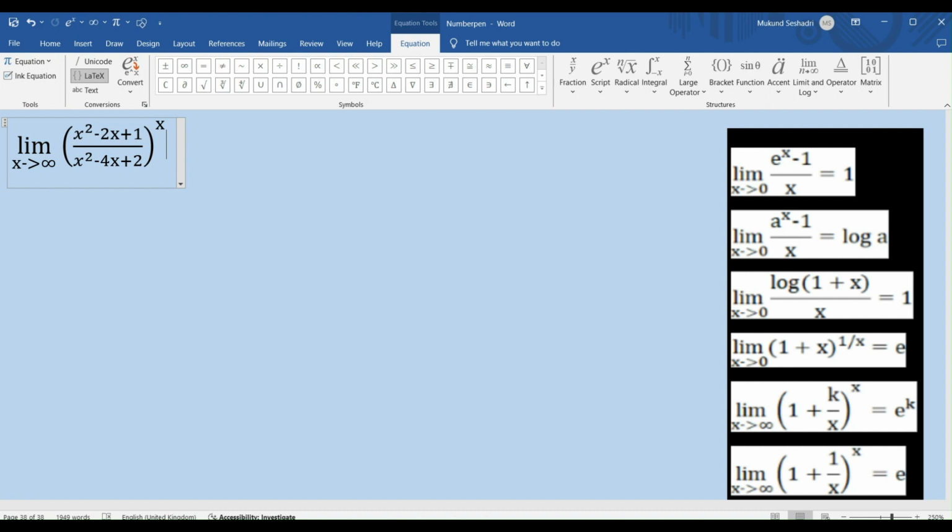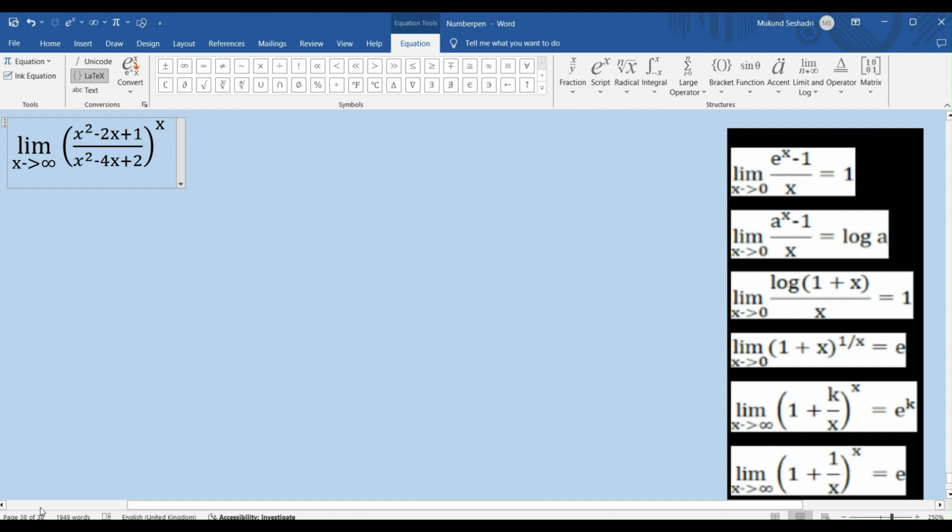So let's approach this problem initially in the manner that we use to approach a plain rational function. We've got a numerator of degree 2, and a denominator of degree 2.